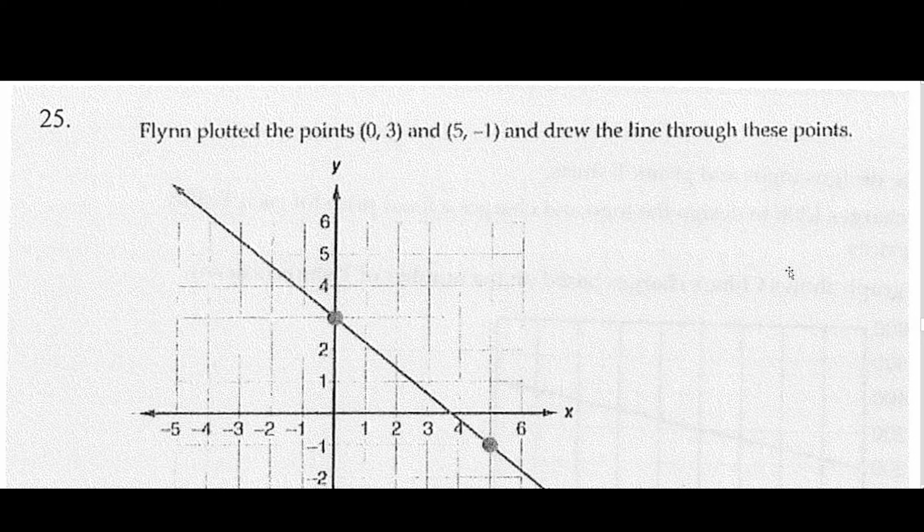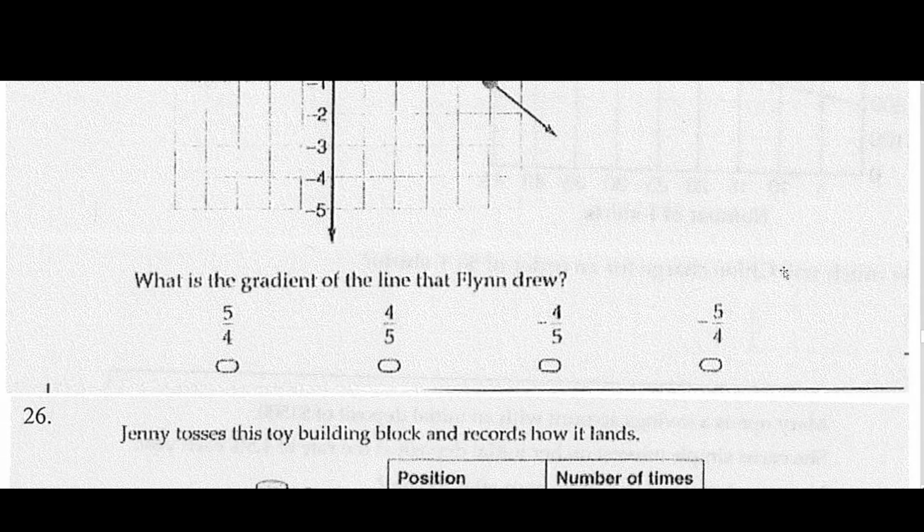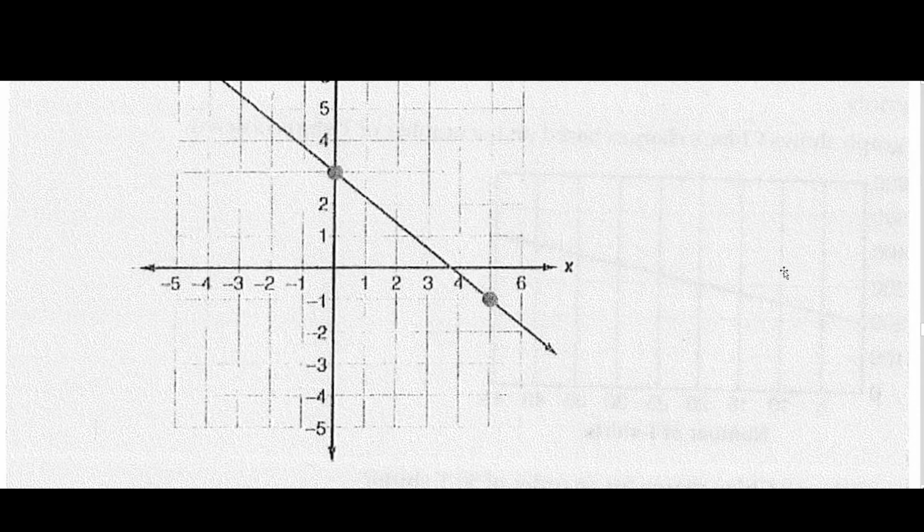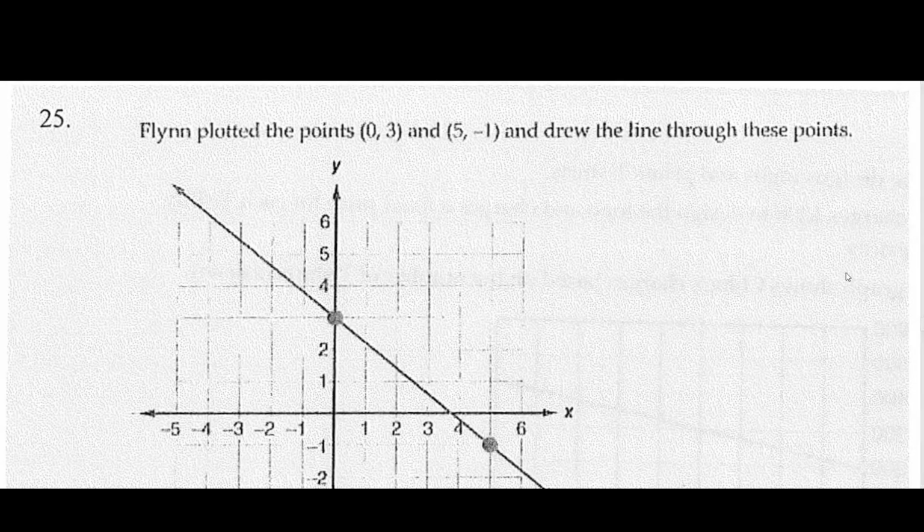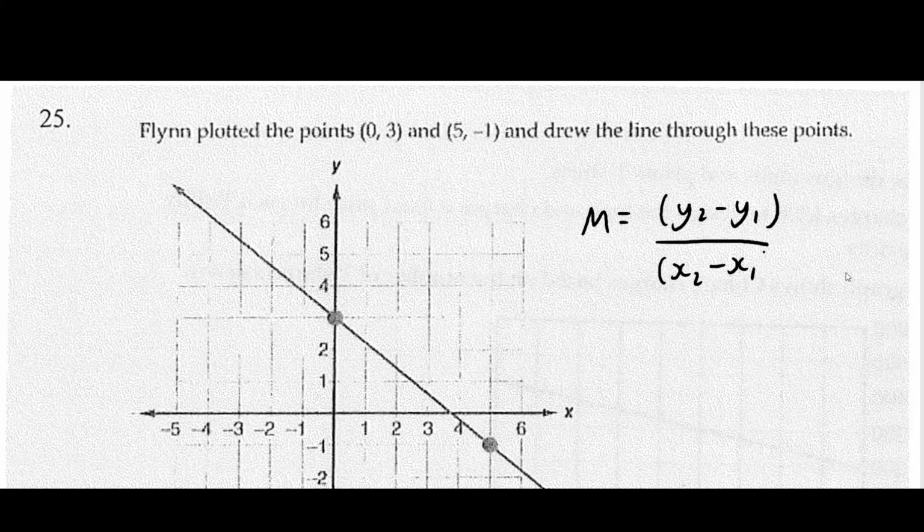Number 25. Flynn plotted the points (0, 3) and (5, -1) and drew the line through these points. What is the gradient of the line that Flynn drew? So the gradient m is equal to y2 take y1 over x2 take x1.